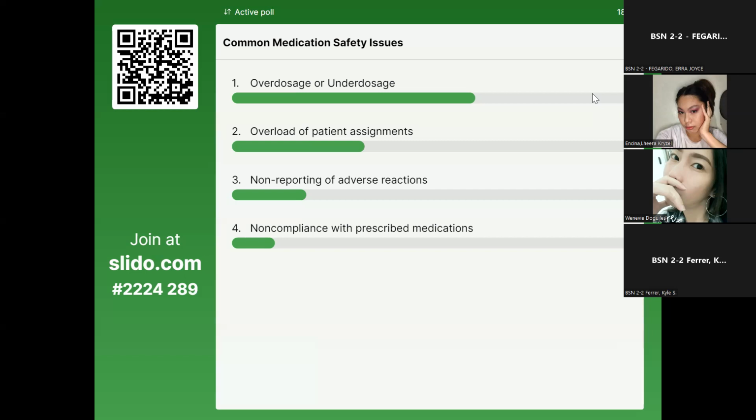In this situation, what Mr. Escobar has shared about the overload of patient assignments is a medication safety issue because of the full patient census of the hospital, and those patients may really need administration of medications.